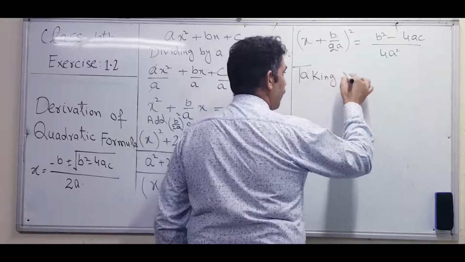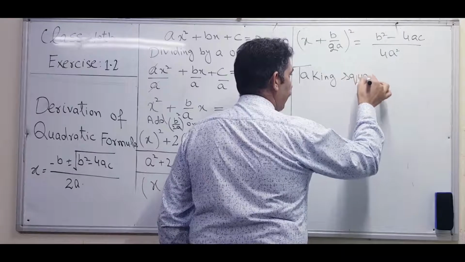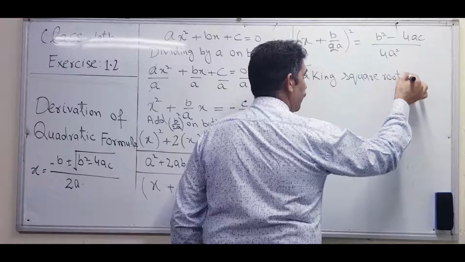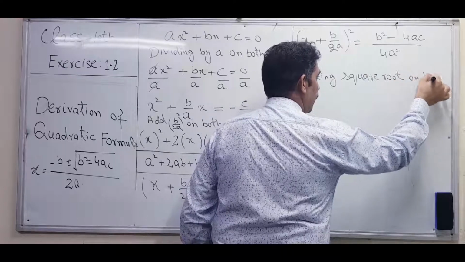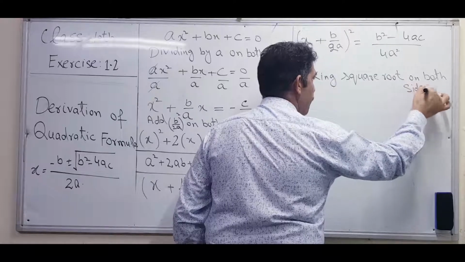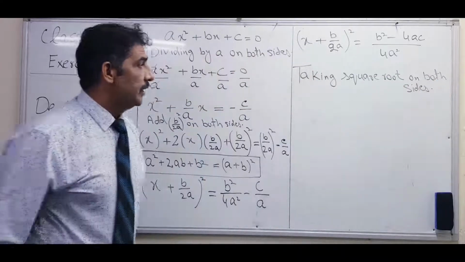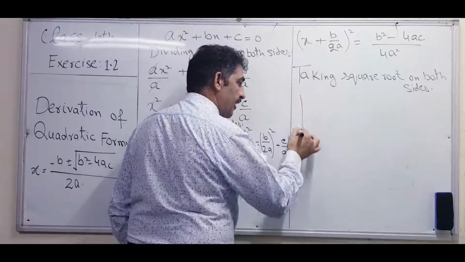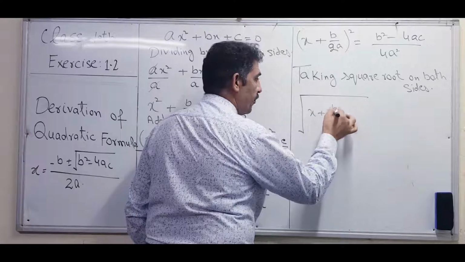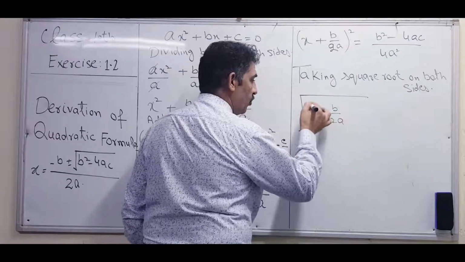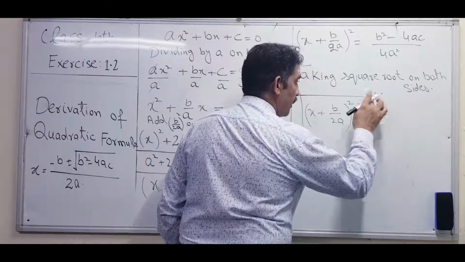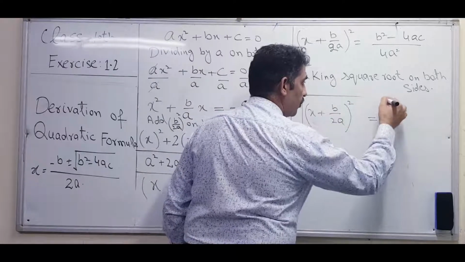Taking square root on both sides, right? So when you are taking square root on the left hand side, x plus b over 2a whole square is equal to square root of this one.